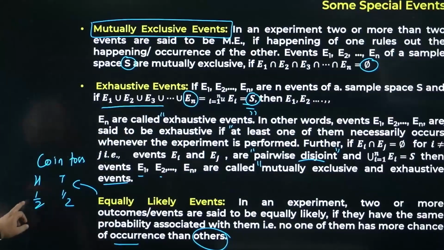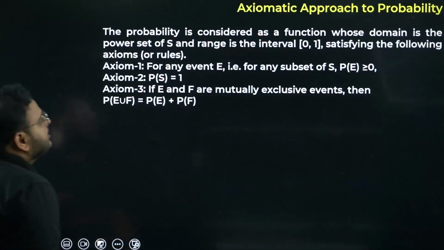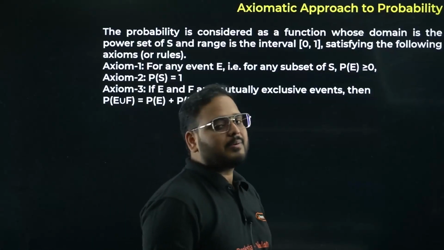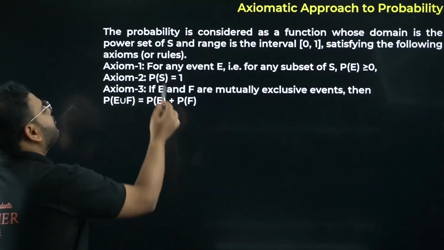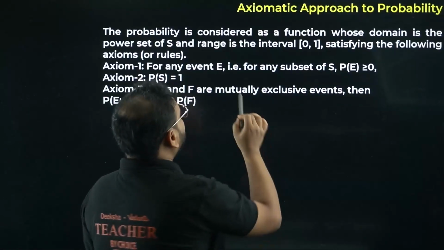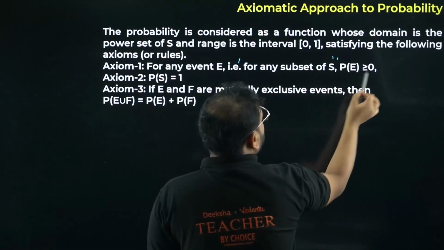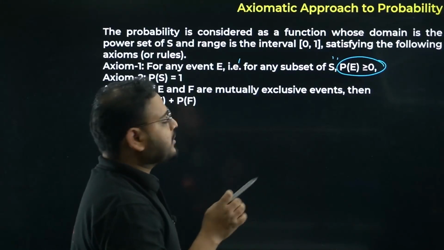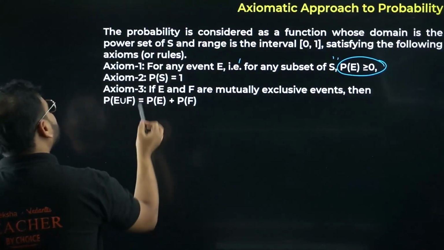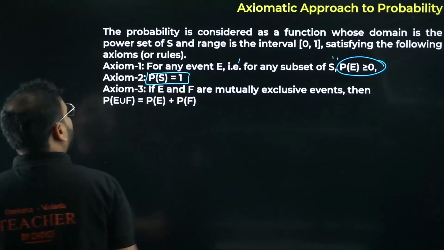Please check. Now, the axiomatic approach of probability, where we have 3 simple axioms to understand. Very, very simple. For any event E, any subset of S, P(E) will always be positive or 0, and of course cannot exceed the value 1. P(S) will always be equal to 1, axiom 2.